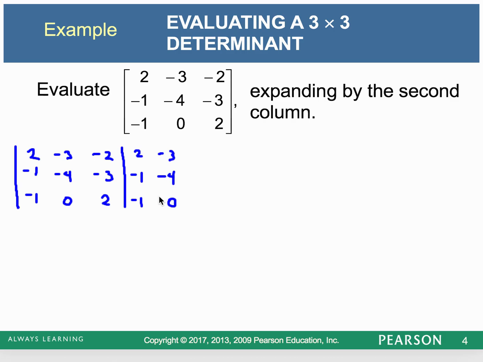Then it's similar to the 2 by 2, where it's this times this minus this times this, but I'm going to have 3 diagonals minus 3 diagonals. Okay? So I'm going to multiply all 3 of these. If it's a 2 by 2, I do this times this minus this times this. But if it's a 3 by 3, this is why I had to expand it.